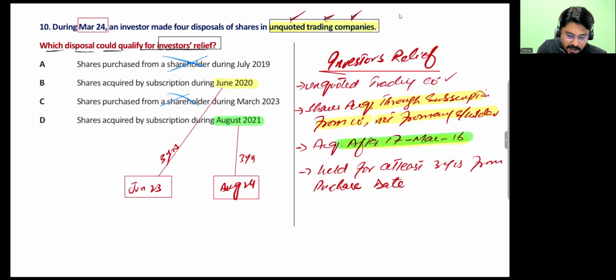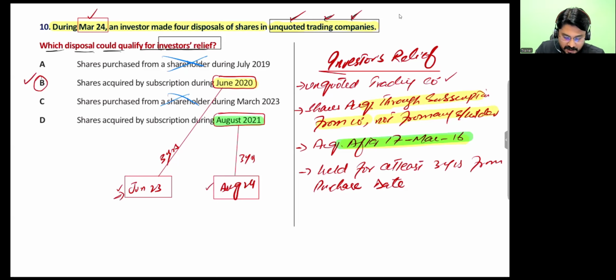But these shares are disposed in March 24. So the 3 years holding period ends on June 23 for B, and on August 24 for D. Option B is correct because 3 years are completed on June 23 and you are disposing shares in March 24.